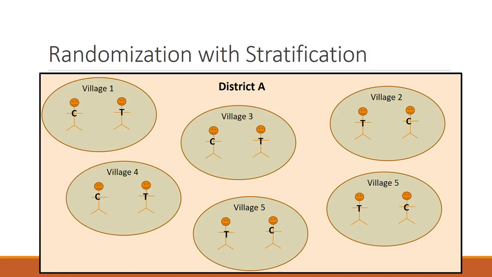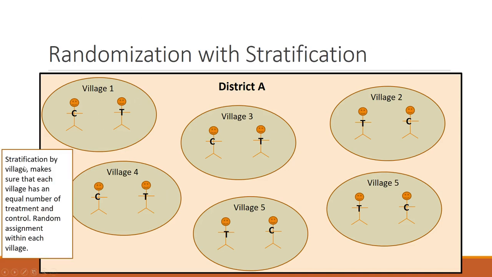So what we would do is we would stratify. In this case, we're stratifying by village. Stratification by village makes sure that each village has an equal number of treatment and control. The random assignment is done within the village. So within each village, I'm randomly assigning who gets the treatment and who gets the control. This guarantees that within each village, there's an equal number of treatment farmers and control farmers.